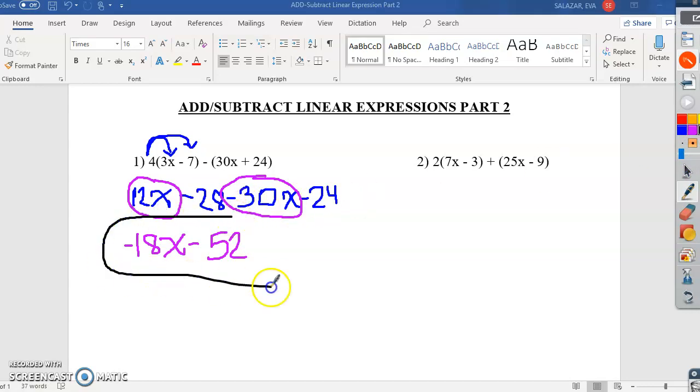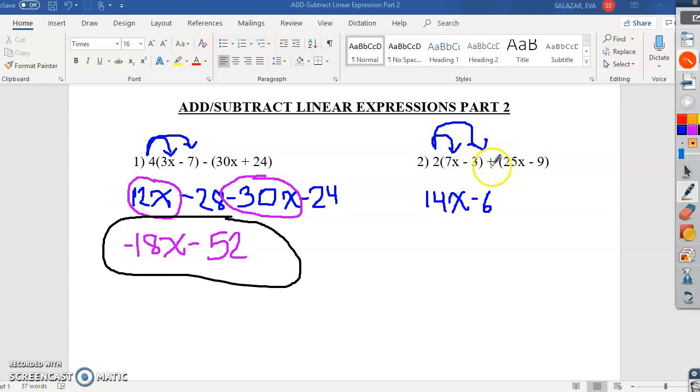Number 2, same thing. I'm going to distribute. So 2 times 7x, 14x. 2 times 3, and let me bring in the negative because it has a negative, 6. Now that plus, if I distribute that plus, which you can, it's just going to keep everything the same.